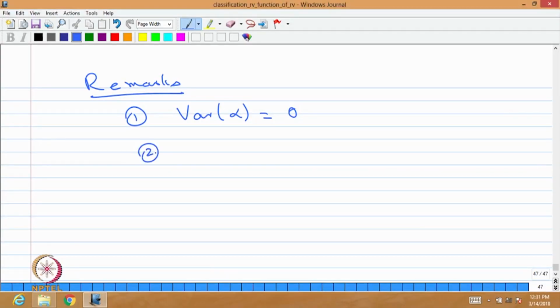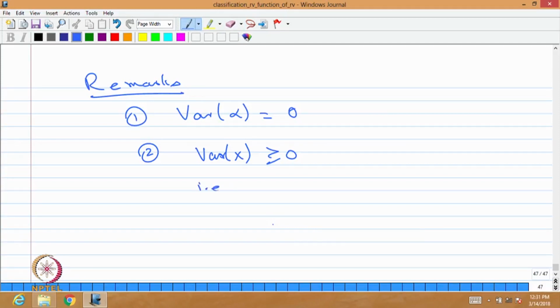The second remark: the variance of x, if it exists, is always going to be greater than or equal to 0. If the variance exists for a random variable x, then the variance is always greater than or equal to 0.